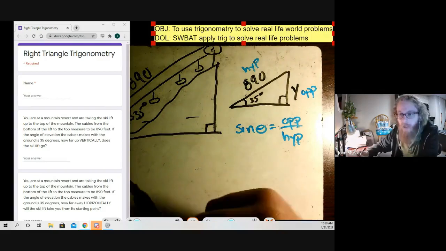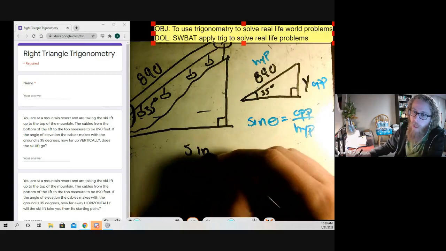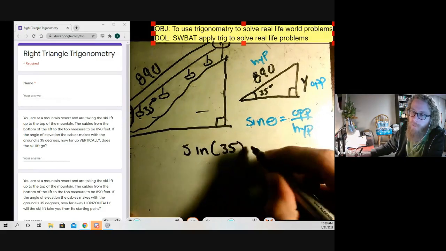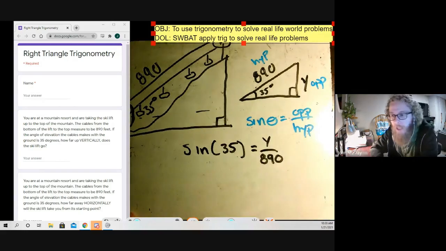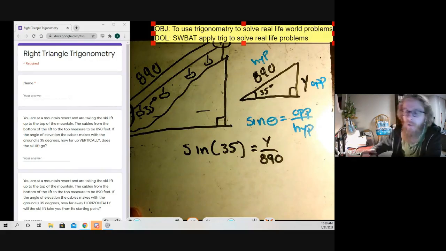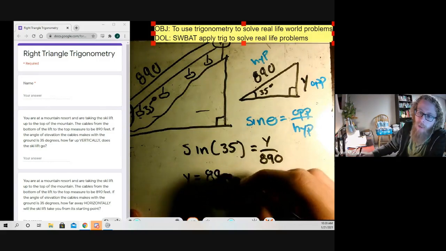So we're going to plug in what we know, and we're going to solve for what we're looking for. So I'm going to have the sine of 35 equals y over 890. Yesterday we saw this, and we can multiply both sides by 890.